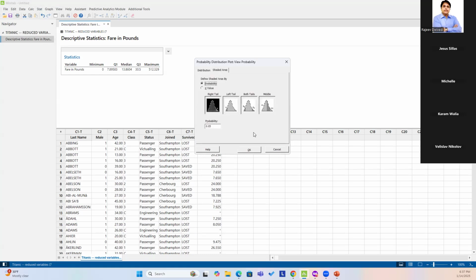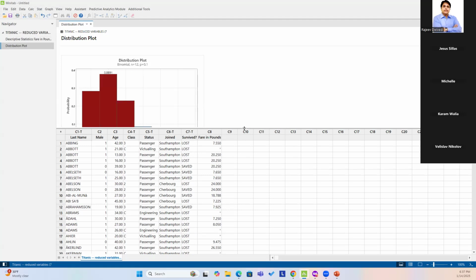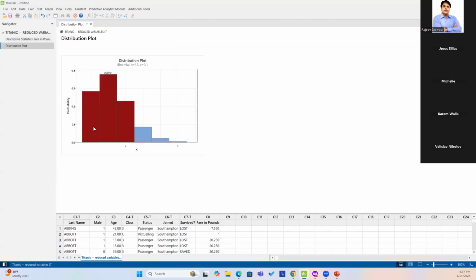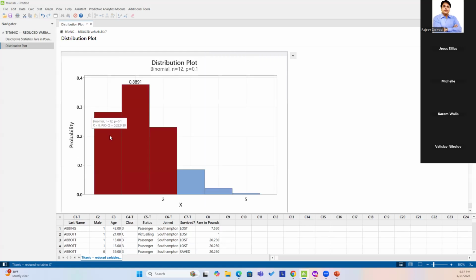Now we need to find exactly 2, so I put 2 here. Since this gives the cumulative, we will get the cumulative result, but no worry. If you look at the bigger picture, this is for x equal to 0, x equal to 1, this is 2, 3, 4, 5.